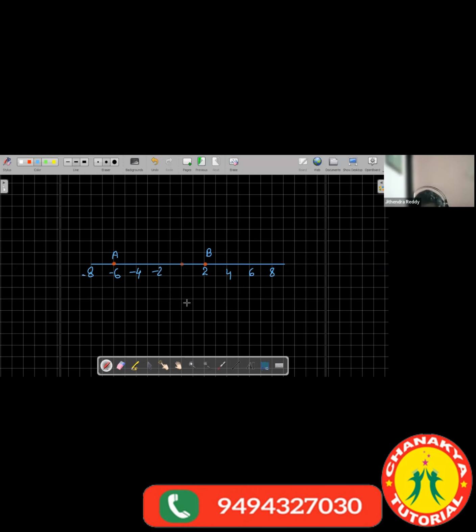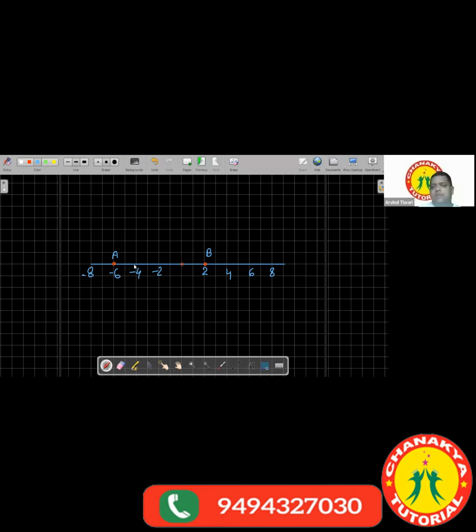See, what we have taken here, 1 unit would be equal to 1 centimeter, or this one box would be equal to 1 centimeter, right? So if I start from A, moving like this, 1 centimeter, 2 centimeter, 3 centimeter, 4, 5, 6, 7, and 8.